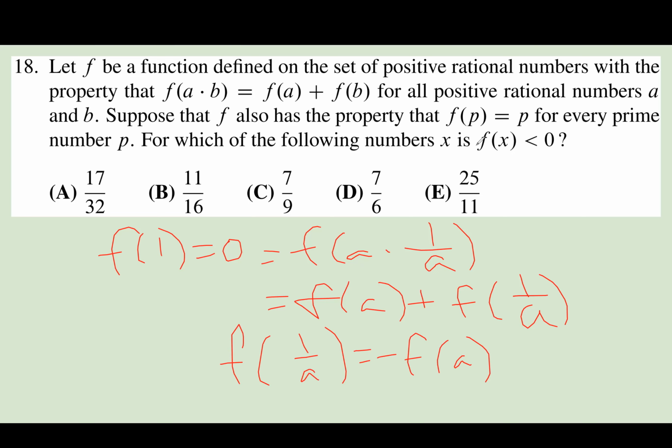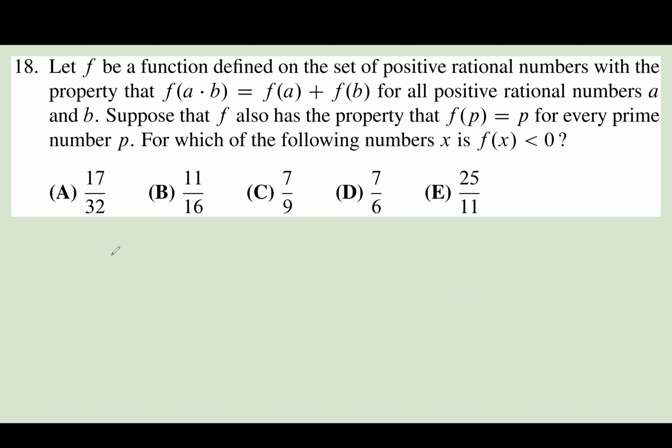So f of 1/2 would equal negative 2. F of 1/3 would equal negative 3. F of 1/4 would equal negative 4, etc. Now, another observation that we can make is, what about f of a over b? What's f of a over b? Well, f of a over b is f of a minus f of b.